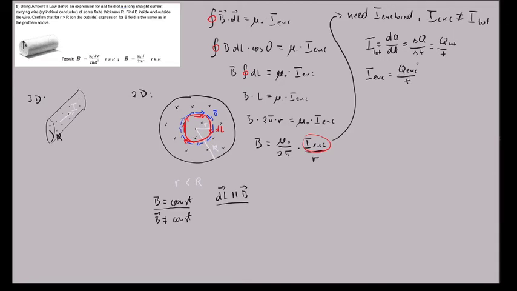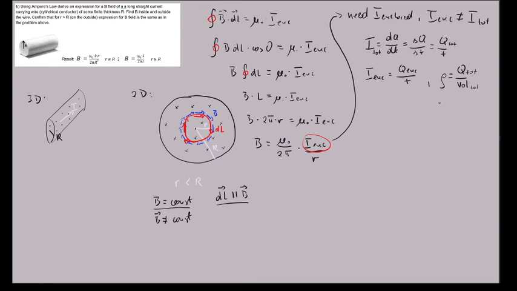So what do I do with Q enclosed? Well, you may recall, maybe you don't, that the charge density is Q over volume. In this specific case, we're going to assume that the charge density is constant, that it doesn't vary throughout the wire. So we could say that we have some total volume of the wire.